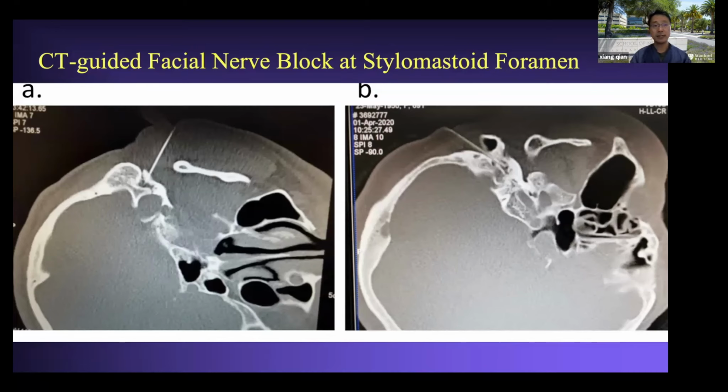We found that if you do graded ablation, 60 degrees Celsius for 30 seconds, then another 30 seconds, intraoperatively you have the patient bulge up their cheeks and you try to push that away. As soon as the patient cannot push back against you, then you know you've caused partial facial paralysis, and you stop.